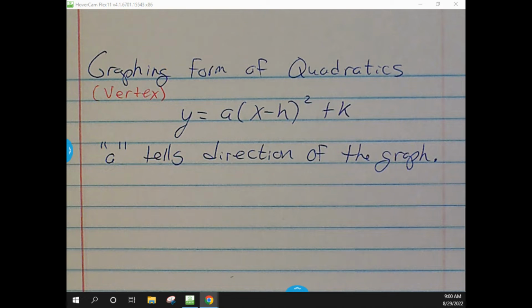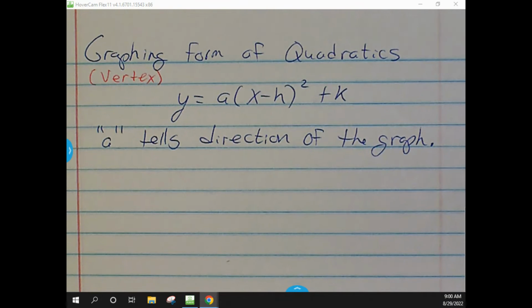Okay, so the A value, you can think about it kind of like slope. And again, it's not exactly slope at all, but it gives you that general sense of whether it's a positive slope line or negative slope line. The A is kind of that same way. It tells you the direction of the graph.